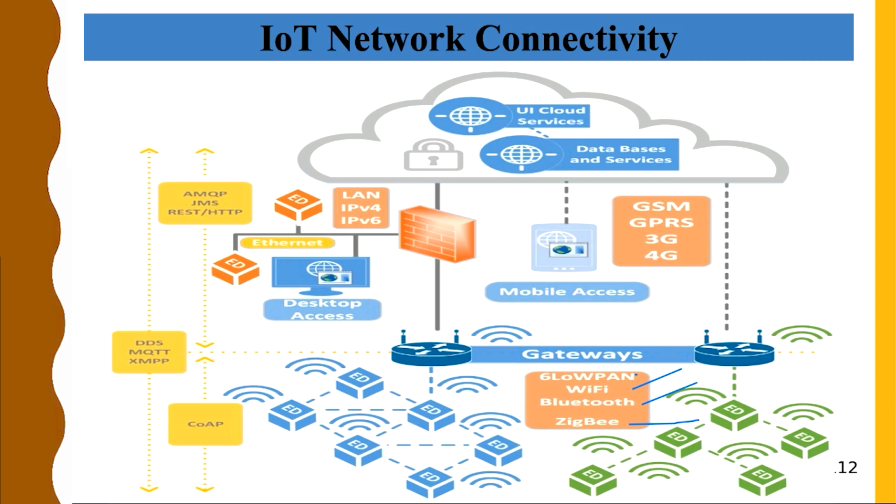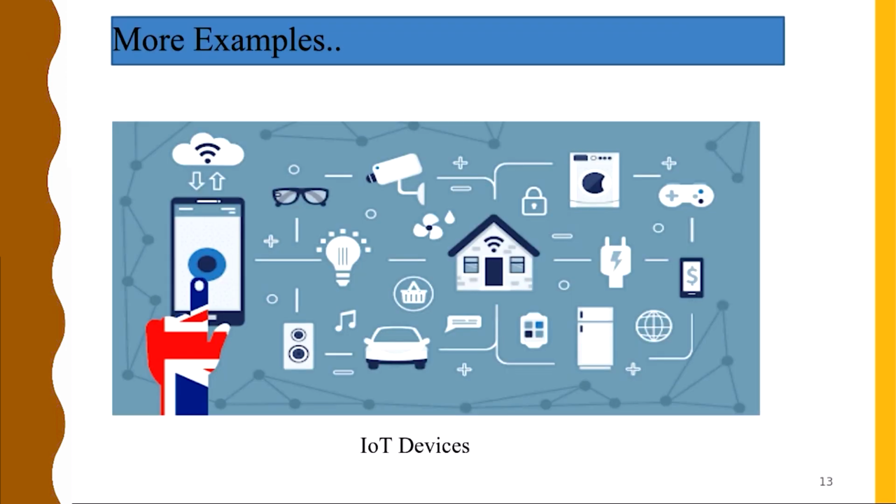So the question that we can raise is, these are all things that we can call IoT devices, but you should be clear that only when these three capabilities are there, we can call these things an IoT device.